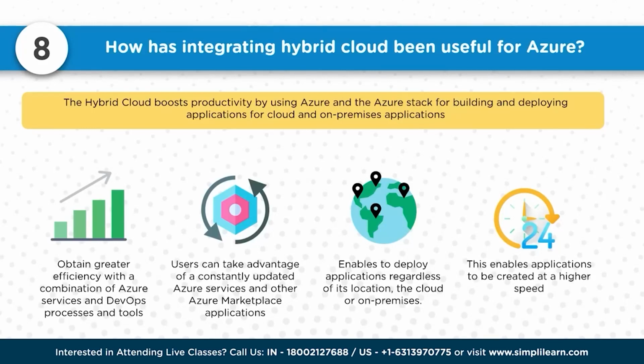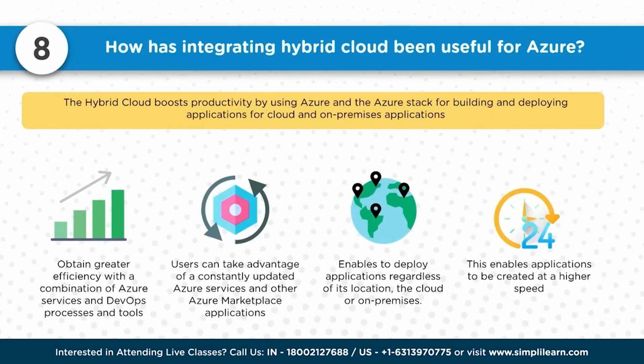It boosts the productivity of our on-premises application. With the hybrid cloud, we get greater efficiency with a combination of Azure services, DevOps processes and tools for the application running on-premises. And by having a hybrid cloud environment, users can take advantage of constantly updated Azure services and other marketplace applications for their on-premises environment.